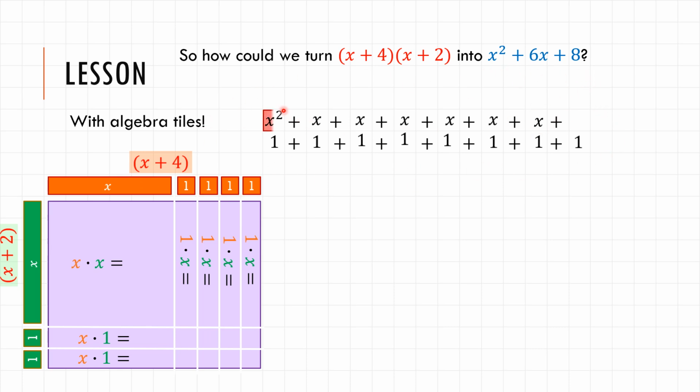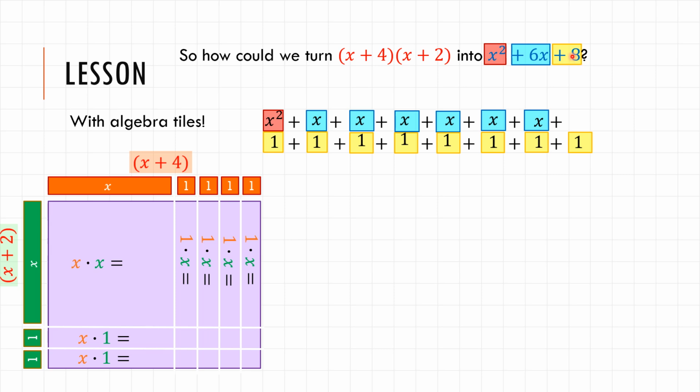Let's take a look. We have x squared here, and didn't we have an x squared in our expression here? If we added all 6 of these x's up, wouldn't we get 6x? And if we added up all the 1's, there's 8 of them, so 8 times 1 would just be plus 8. And so in fact, yes, the algebra tiles show us that the multiplication of these two does give us an expression that's exactly equal to this.